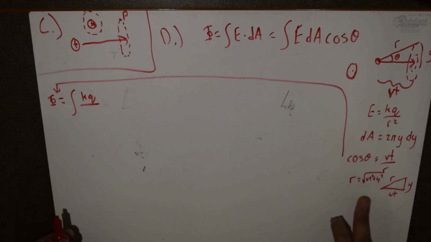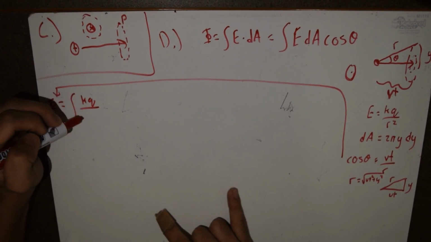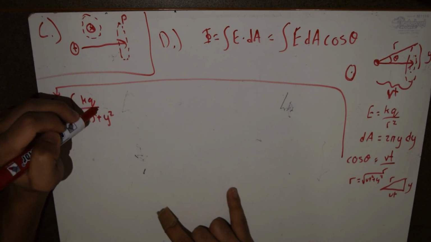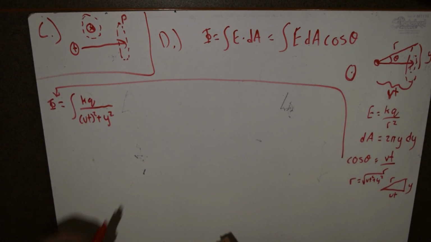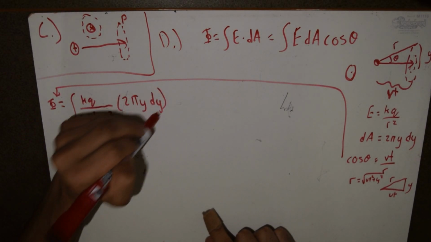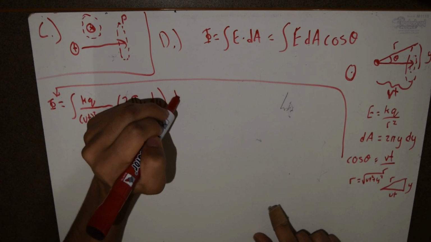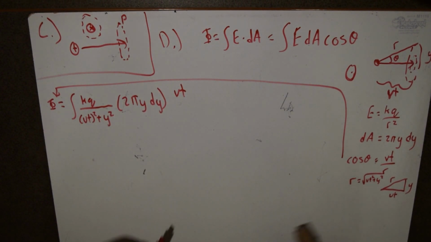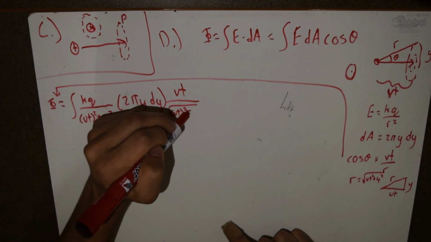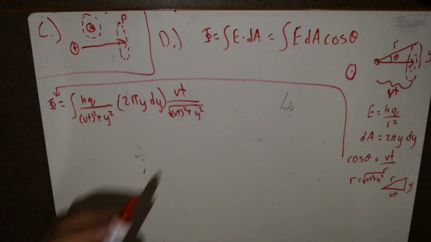So r squared gets rid of the square root and we get vt squared plus y squared. The dA, with simple substitution back into the formula, and then cosine of theta, vt, and again we'll make the same substitution for r being the square root of vt squared plus y squared.